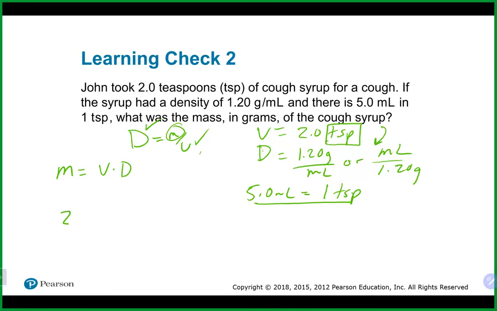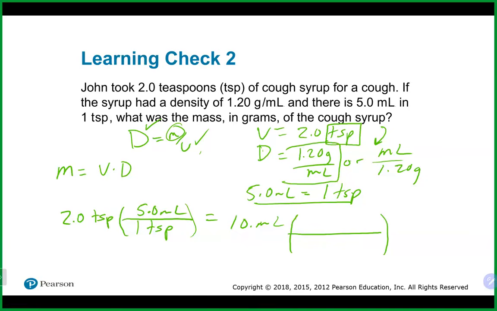So we'll do our 2 teaspoons. And once again, going opposites to cancel, 1 teaspoon on the bottom gives us 5 milliliters up on top. Going to give us 10 milliliters in terms of our volume. At this point, we can then use our conversion factor. So continuing on, we see milliliters up on top, so we need to use it in this form here, which will be multiplying.